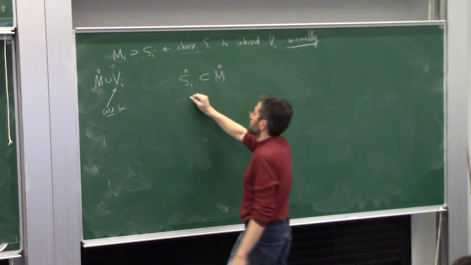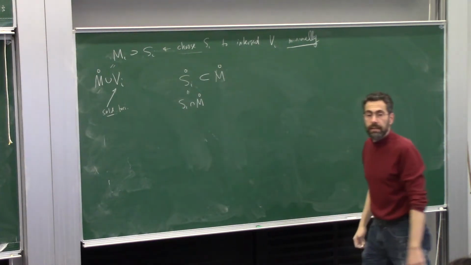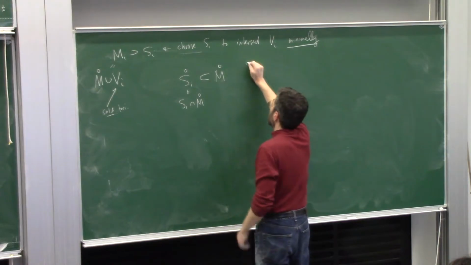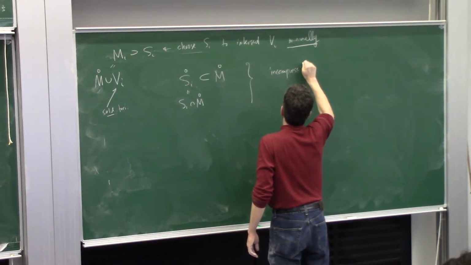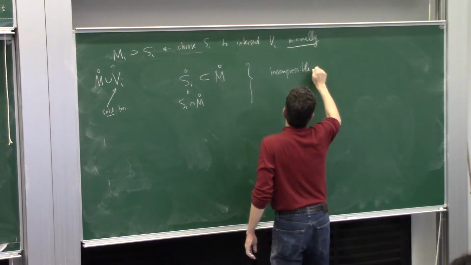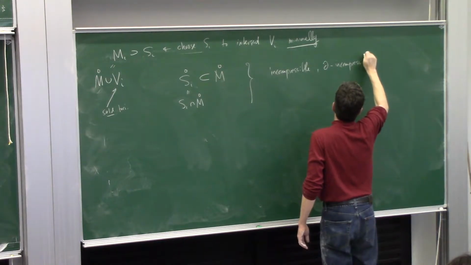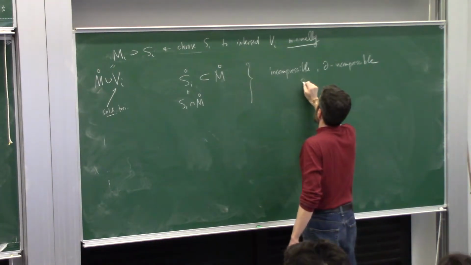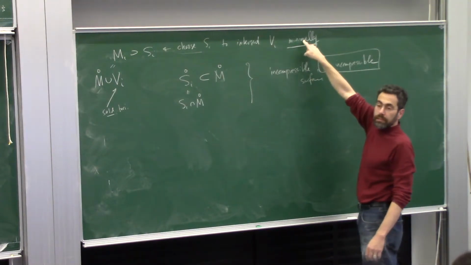Right, so this is Si intersect M circle. I cut it by the solid tori. Now it's a surface with boundary, and this is now a boundary incompressible surface. And the boundary incompressibility comes from this minimality.